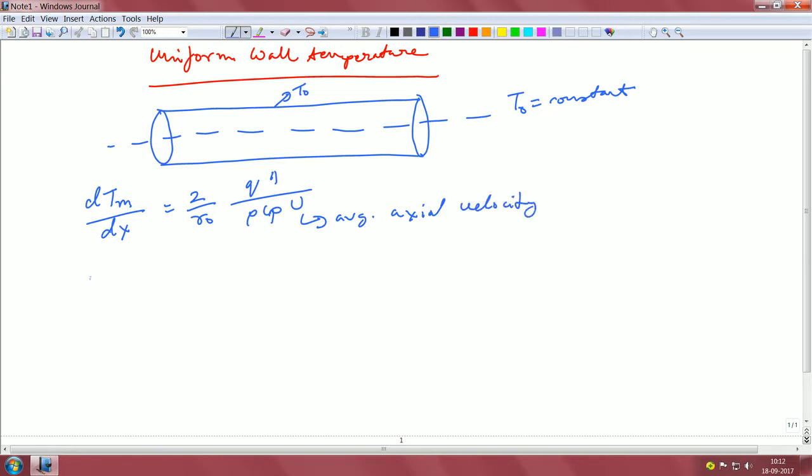Q double prime is equal to H into T naught minus Tm as a function of x, right.